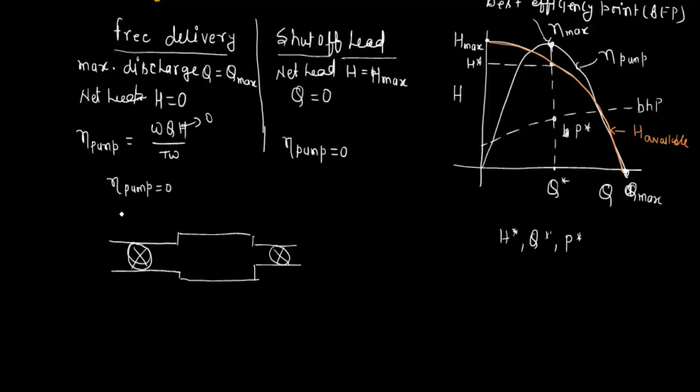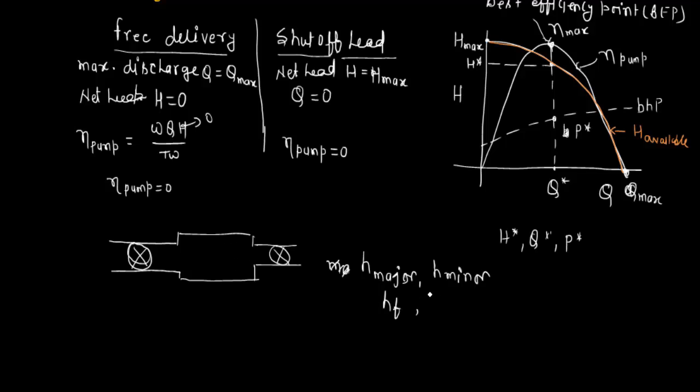For this piping system, we have 2 types of losses: major head losses and minor head losses. Major head losses are due to viscous friction, or simply frictional head losses, and this is due to the fluid friction inside the piping system.